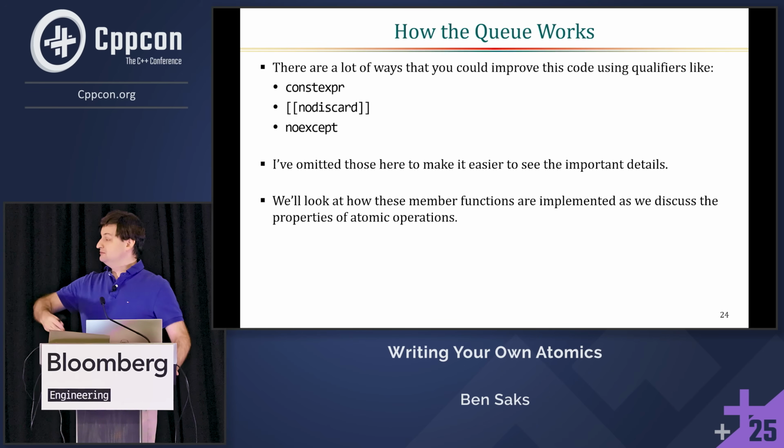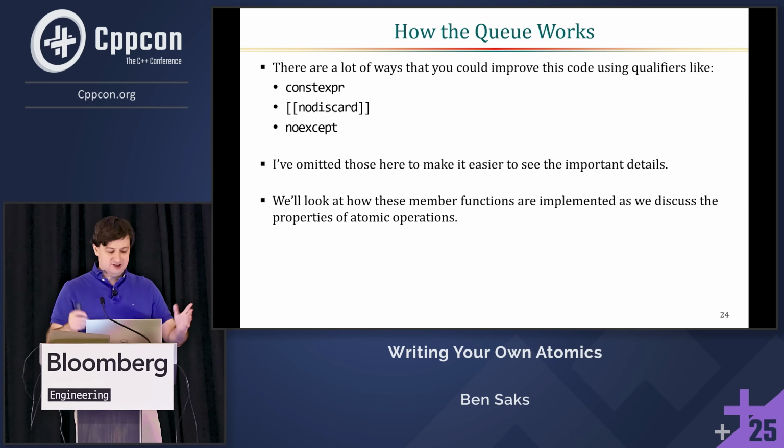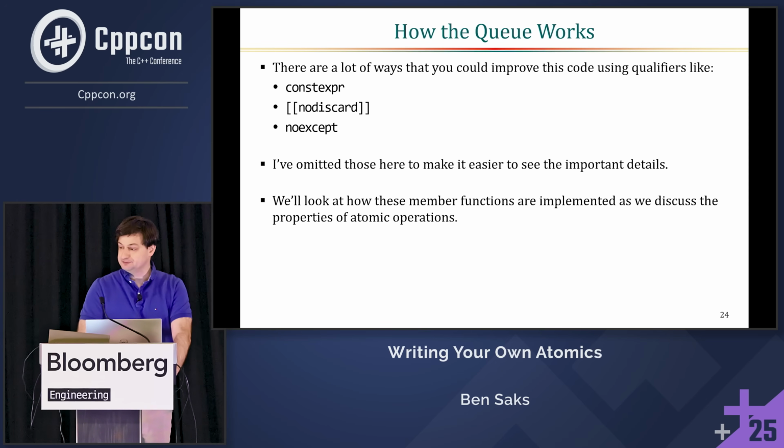In reality, if you look at the real code that I'm using, it has these qualifiers in it. I just didn't want to clutter things up too much. So I'm not suggesting that you don't use these things, just I was trying to make life easier for you guys in the audience.